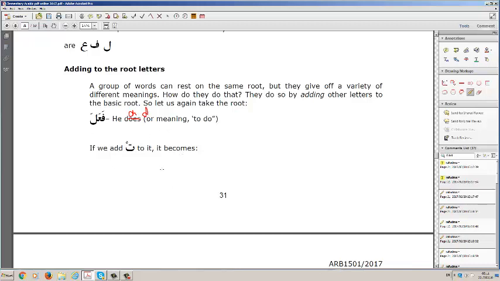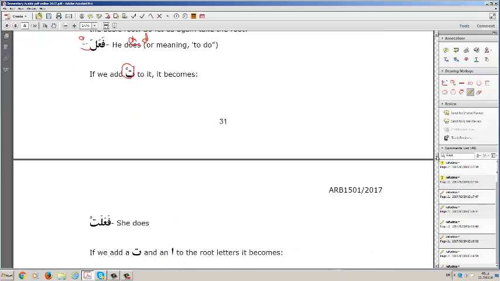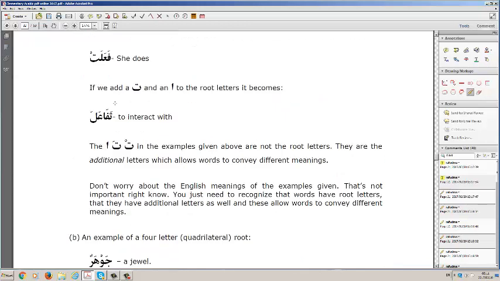So if we add a ta, and this is one additional letter, we add a ta here to fa'ala, so that it becomes fa'alat, we get she does.